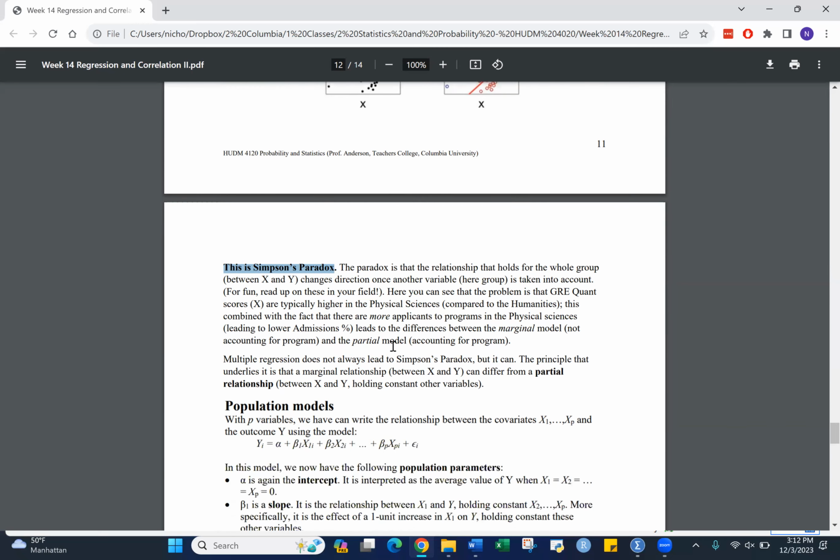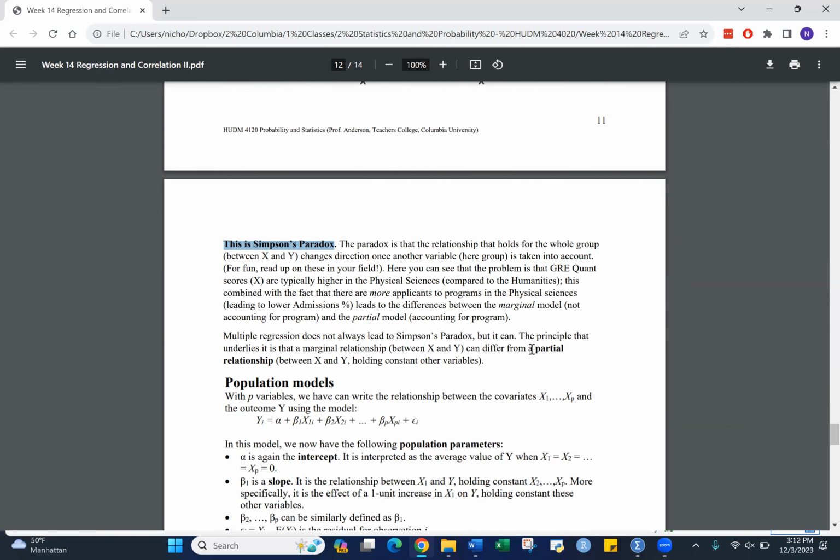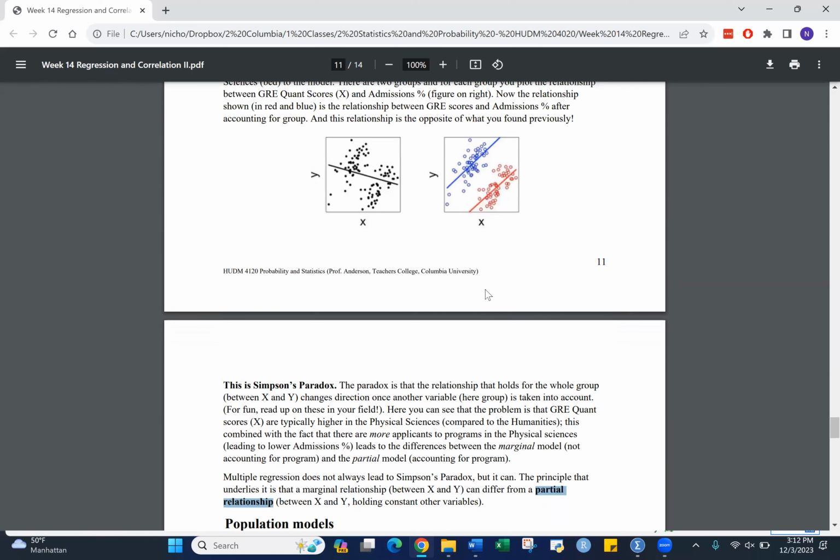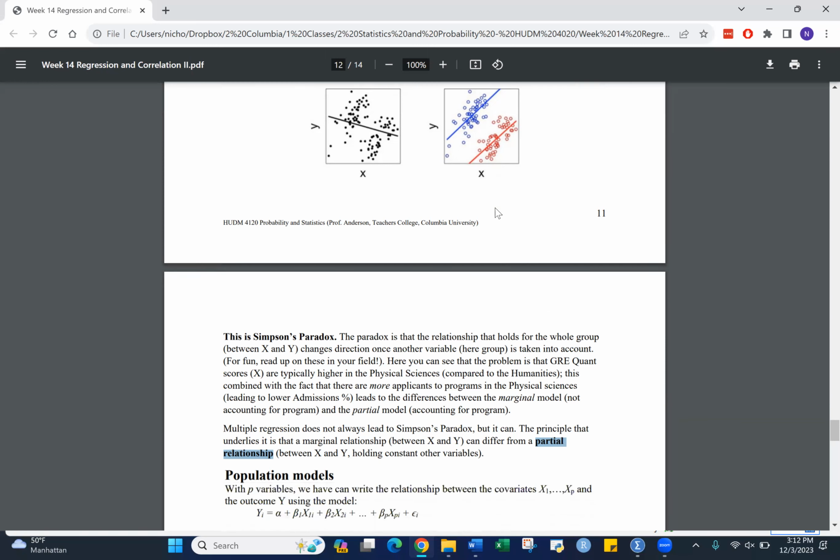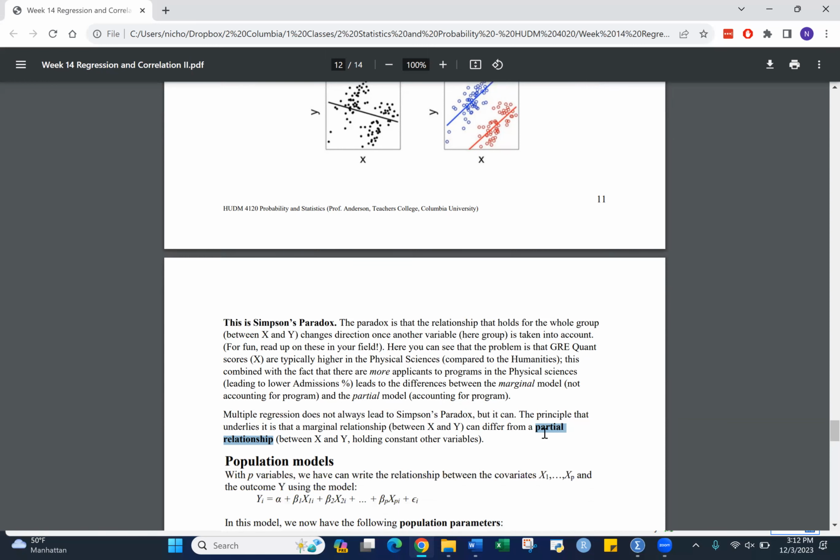So you'll read about Simpson's paradox, but the main reason it exists is because when you have a third variable that matters, as in this example, the estimate of X, the regression slope, we call it a partial regression slope because you've partialed out or controlled out or canceled out the influence of a third variable, which we can call Z, or whatever we want really, as you estimated the linear impact of X on Y. So again, there's a difference between a partial coefficient or partial relationship and one that is not partial.